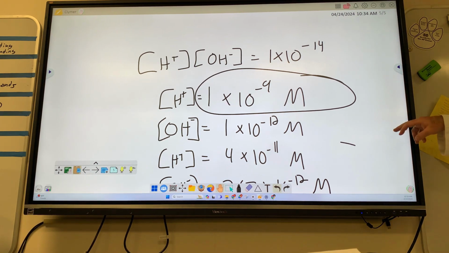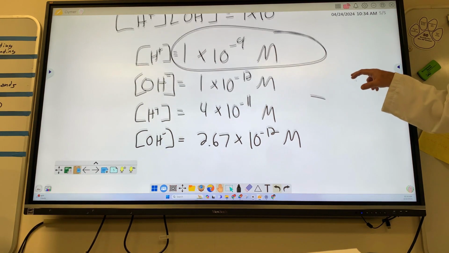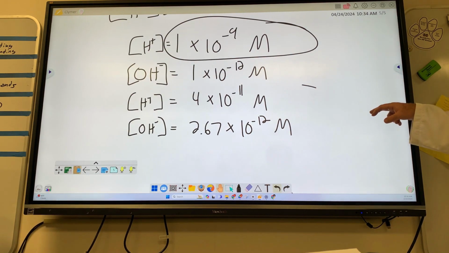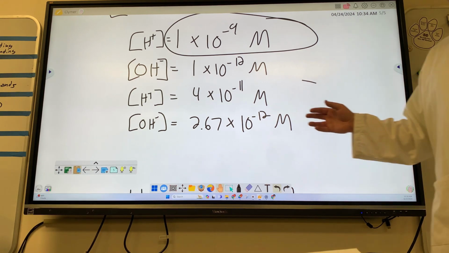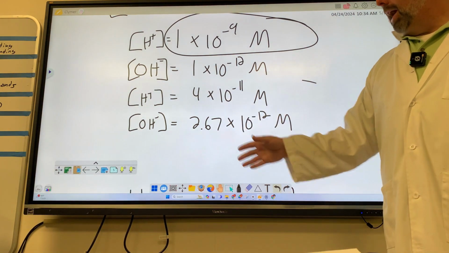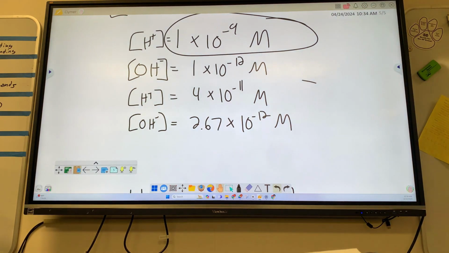But ultimately, this is a useful way to describe the concentration of either of these things in your acid or base. But the numbers are kind of awful, right? It's a big scientific notation number. If we wrote this out, it would be 0.00000000267, and that's awful.